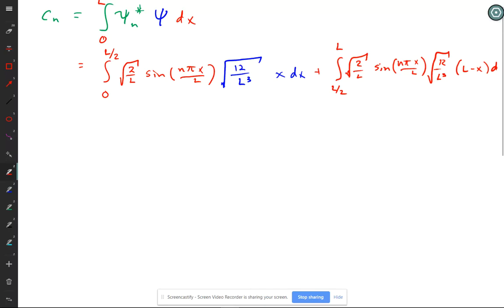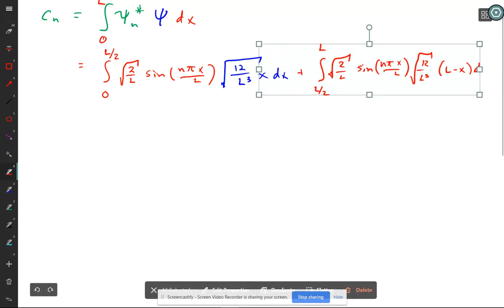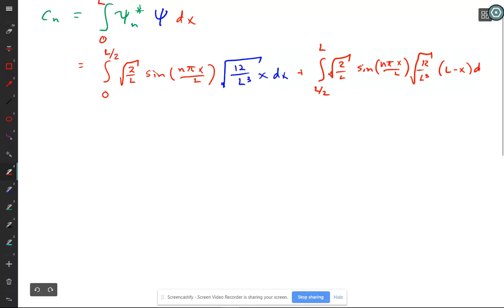Uh-oh. Bring that a little closer and I'm good. So that's putting in the integral to find the C sub n values.